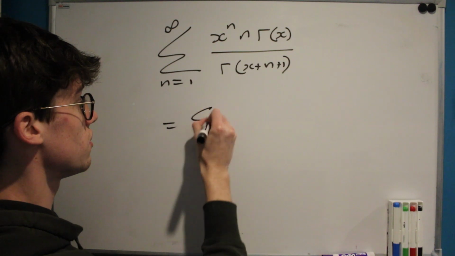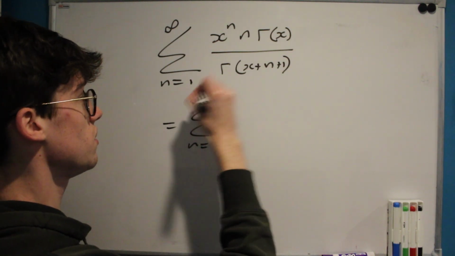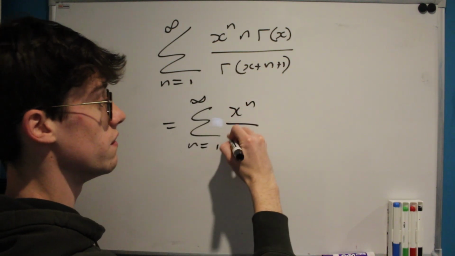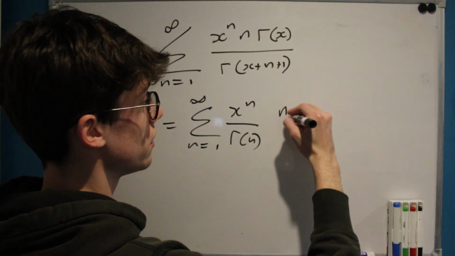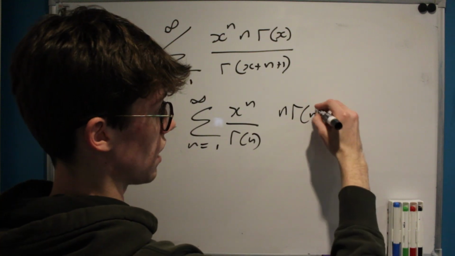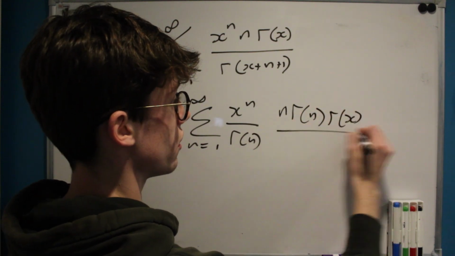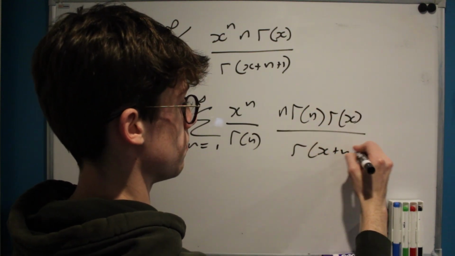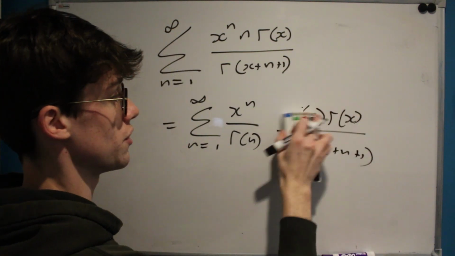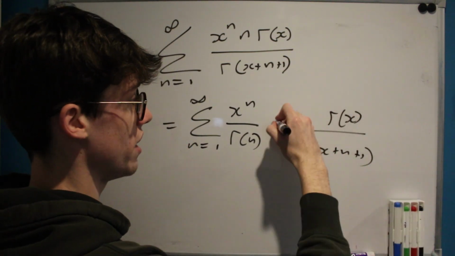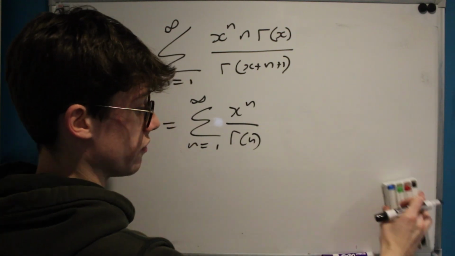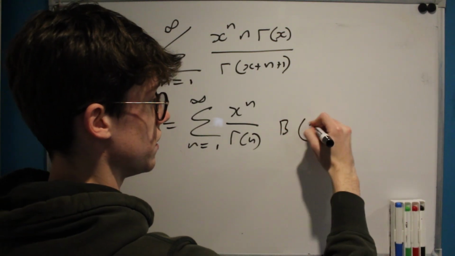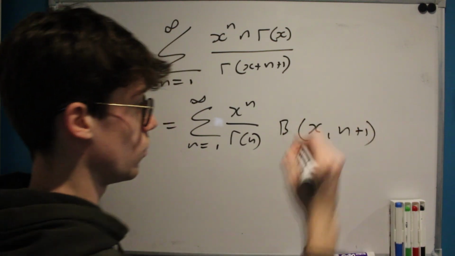So I can equate this to the sum from n equals 1 to infinity of x to the n divided by gamma of n, because I want to cancel out what I'm doing, times n times gamma of x over gamma of x plus n plus 1. And of course, as we've already said, n times gamma of n is gamma n plus 1. And here we have the beta function evaluated at x and n plus 1.